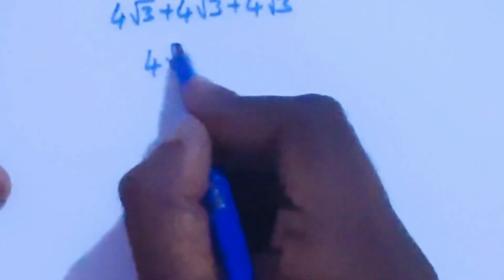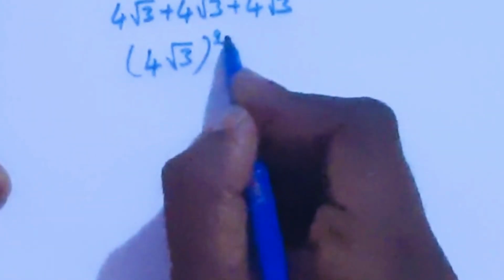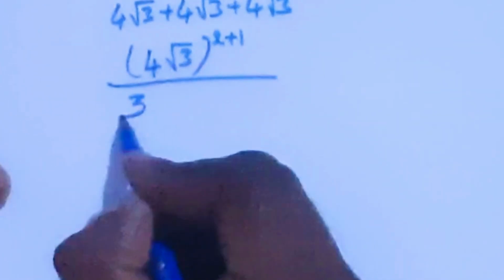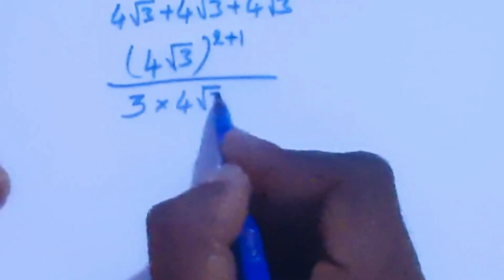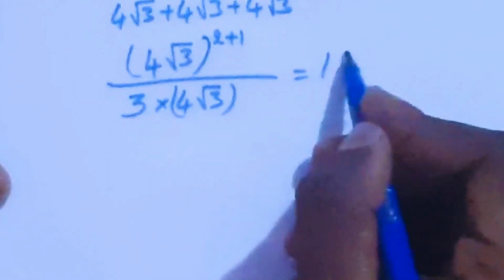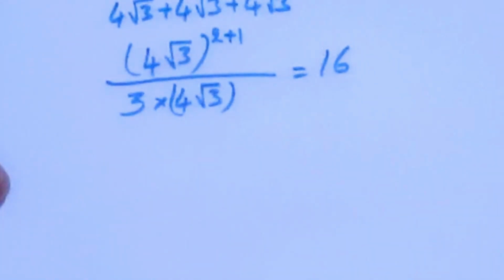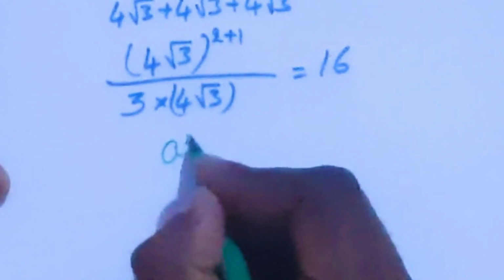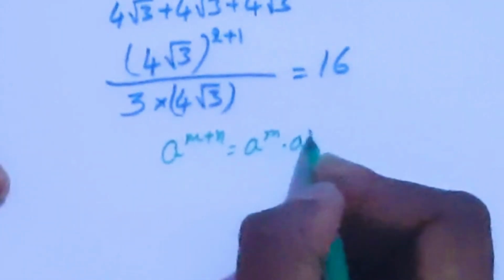(4 square root of 3) to the power 2 plus 1 by 3 times 4 square root of 3 equals 16. According to this identity, a power m plus n equals a power m times a power n.